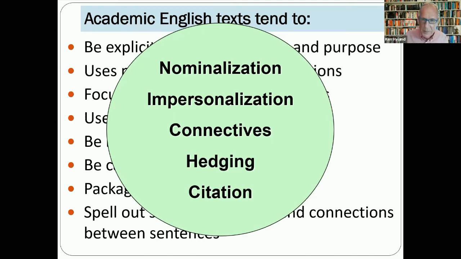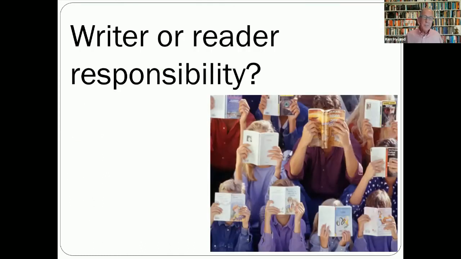Now, the differences between academic English and often writing in other languages, Michael Klein says, can be traced to the fact that English makes the writer responsible for clarity. Whereas in some traditions of writing, I don't know about Slovenia, but German, Korean, Finnish, Japanese, Chinese, the reader is expected to dig out the meaning from a dense and difficult text.